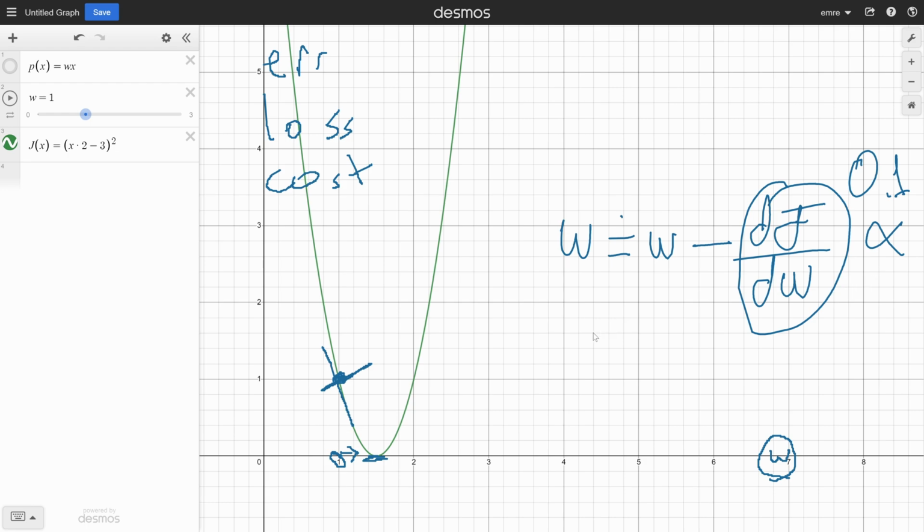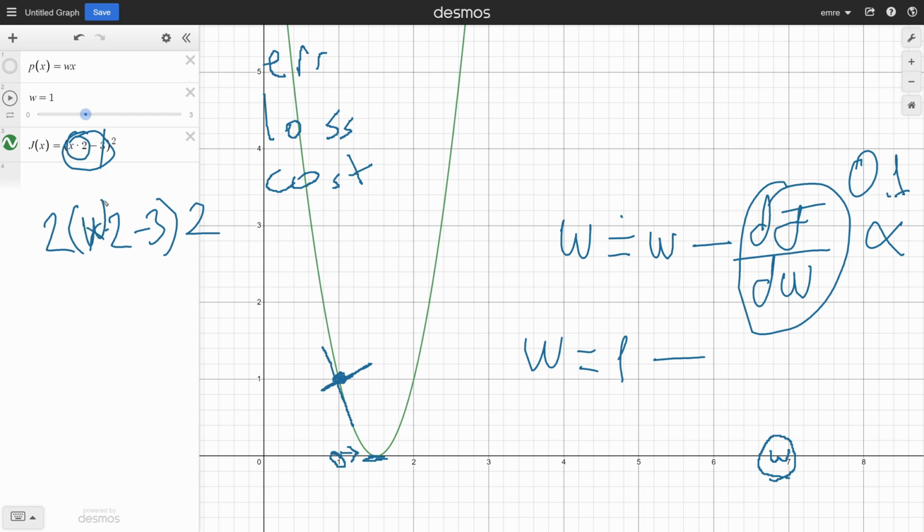Now let's calculate this. W is equal to 1 minus the derivative of this expression. First we take the outer part, then we take the derivative of the inner side. This is constant, and the derivative of this part is 2. Here by x we mean W actually, and its initial value is 1.